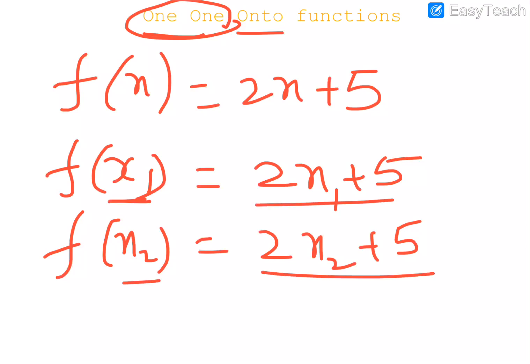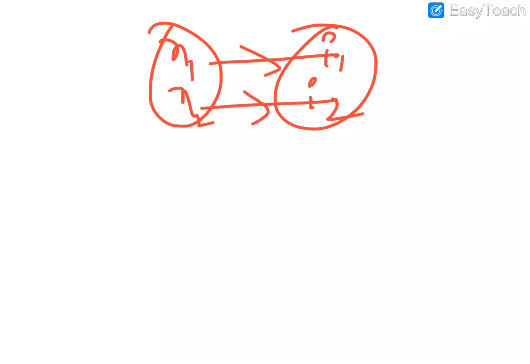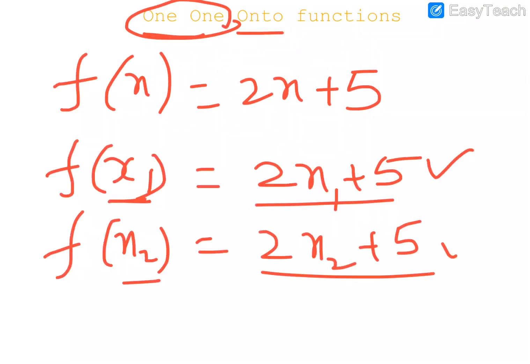So what does a 1-1 function mean? 1-1 function means x1 and x2, two different elements, must have two different images, i1 and i2. Then only it is 1-1. What happens here is, in our case, the two are different.